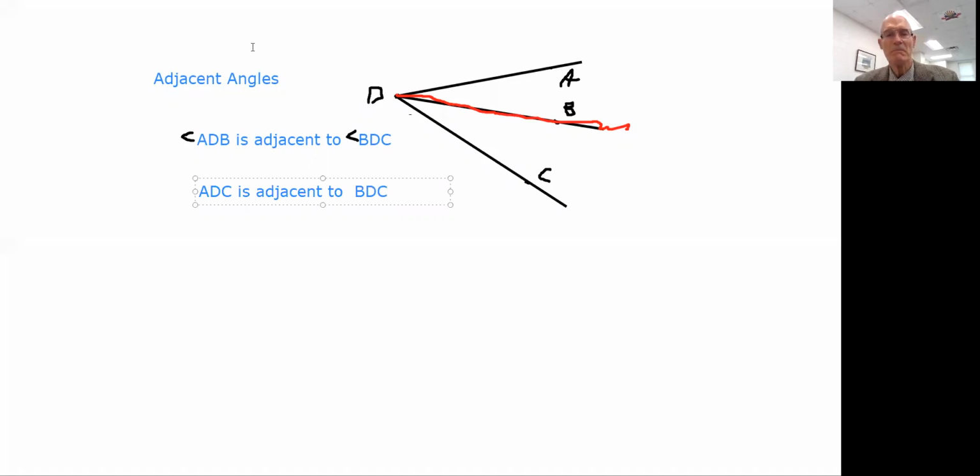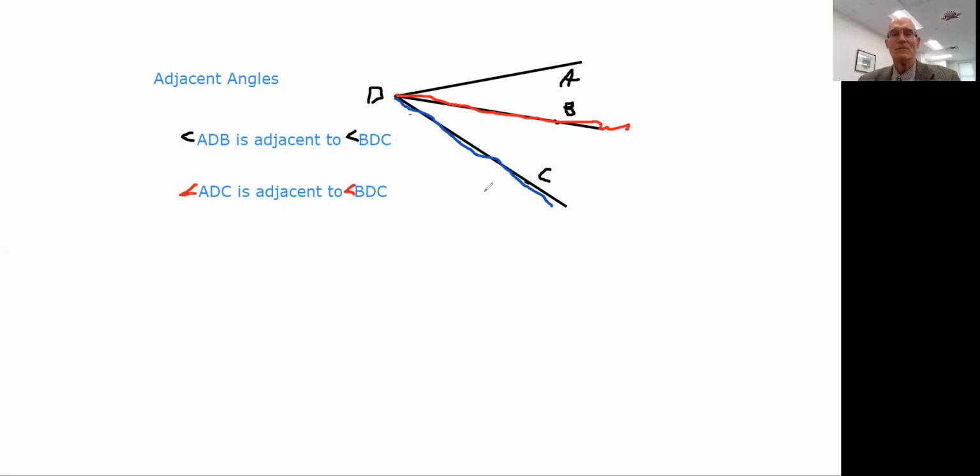So we come back, angle ADC is adjacent to angle BDC because now they have a common side, which is right along here, okay? So you either have two angles that are side by side, or you have a smaller angle included in a larger angle. But when you talk about adjacent, the two angles have to have a common side, so they can't be separated from each other. They have the same vertex and a common side.